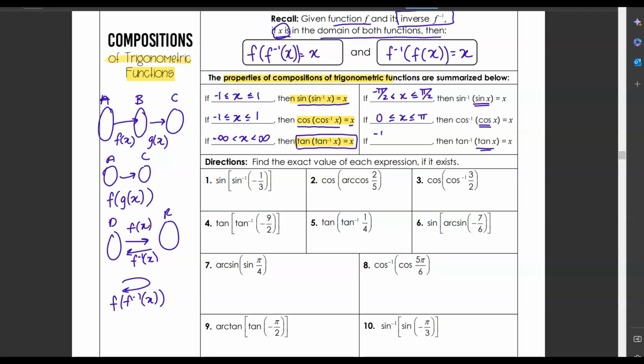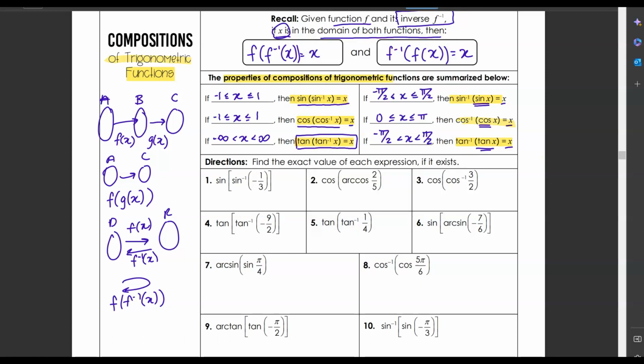And then we have -π/2 less than x, less than π/2. Again, it's because we're first applying the original function, and then we're applying the inverse. That's the way that these equal each other. So we need to pay attention to the order to make sure x is within the domain of the first function. All right, let's take a look at some examples here.